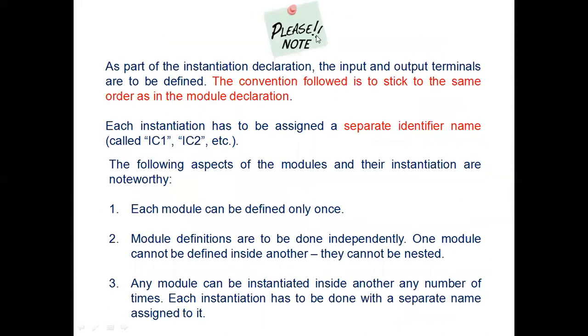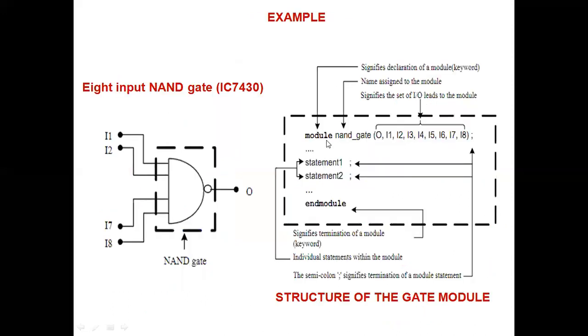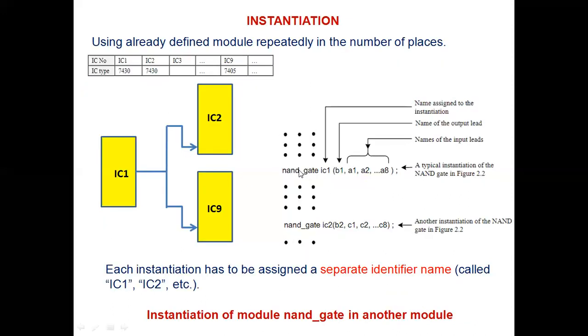Next, please make a note of all these points. As a part of the instantiation declaration, the input and output terminals are to be defined. Yes or no? Here we have defined this. Already this NAND gate is available; now we are instantiating, that is, calling it. In the brackets, we have to mention the outputs and inputs.